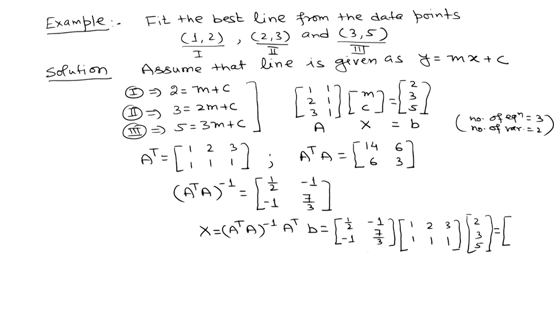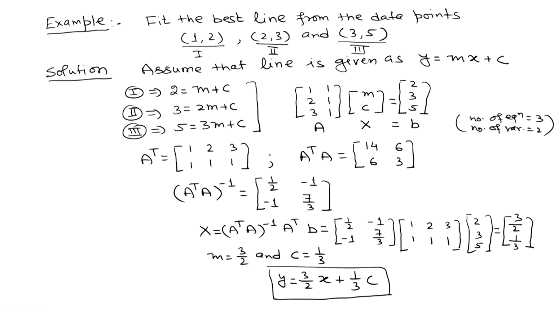If I multiply these 3 matrices, it comes out to be 3 by 2 and 1 by 3. So, it means m is 3 by 2 and c is 1 by 3. So, here the best line is y equals to 3 by 2 x plus 1 by 3.